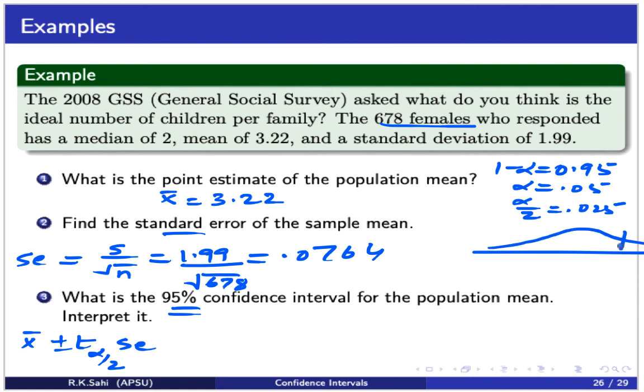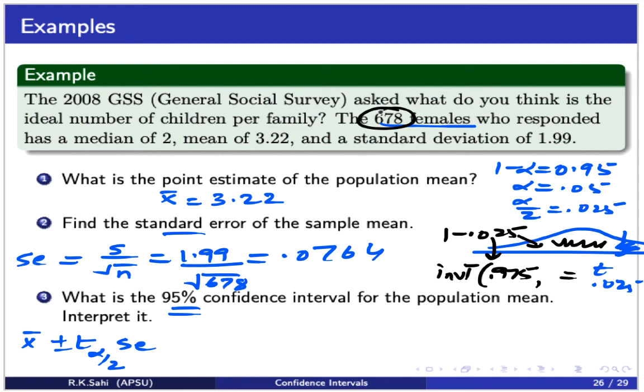So t.025, what's the formula, guys? It is inv t. Now, this whole area, remember it is 0.975, which is 1 minus 0.025. What is the degrees of freedom? I have 678. This is n. Degrees of freedom is 1 less than that, 677.